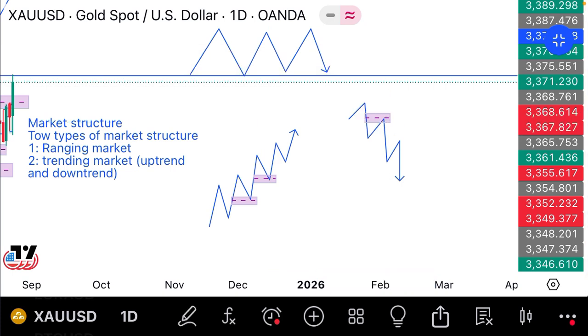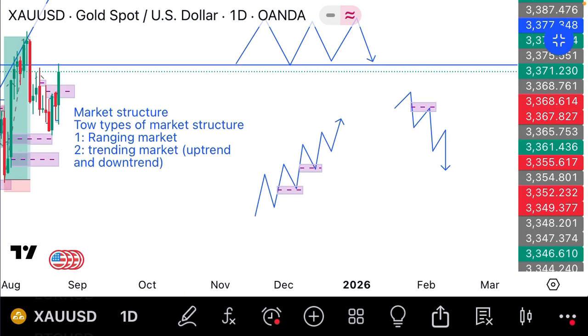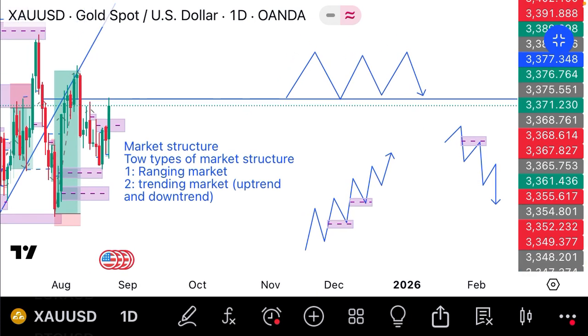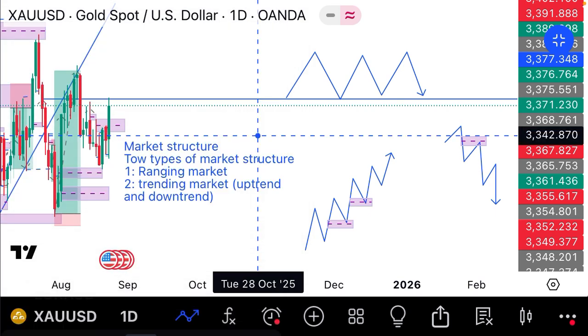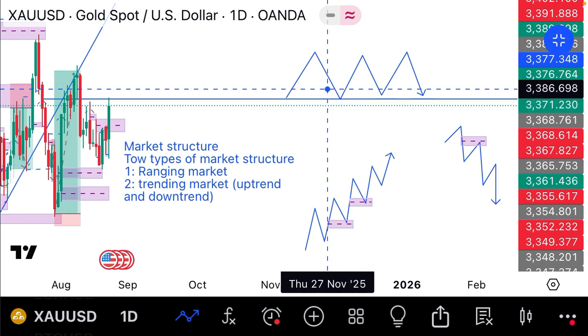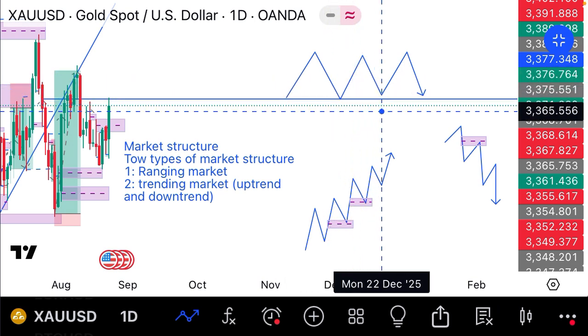That is what we are taught. But like I said, in a ranging market, for you to know the direction of the market when price is about to break out, price must do what? Create a fake out.